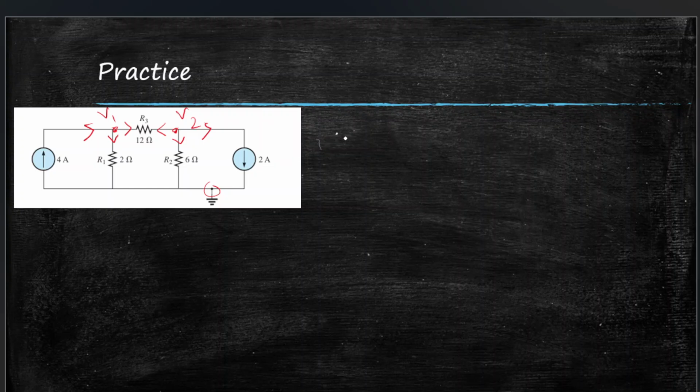Let's make the equations. So for node V1, we'll have current exiting will be V1 over 2 R1, right? Plus V1 minus V2 over R3, so 12. That's the exiting current, and entering is 4 amperes. Okay, now let's arrange that.